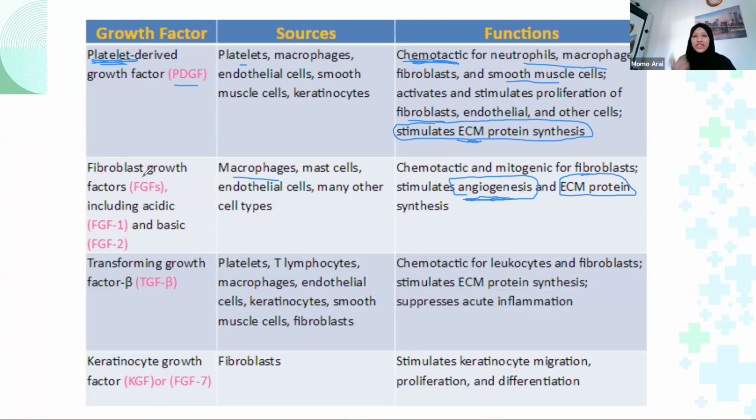Fibroblast, you'll think, oh, it's only for fibroblasts, right? It makes you think that, but it can actually work for vascular, so endothelial cells for new blood vessels. And this one is extracellular matrix protein, which is also from the platelet. Again, the names don't necessarily match the function, but this is how they are.